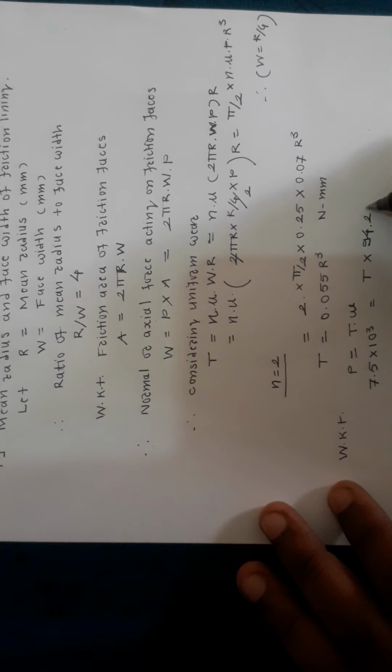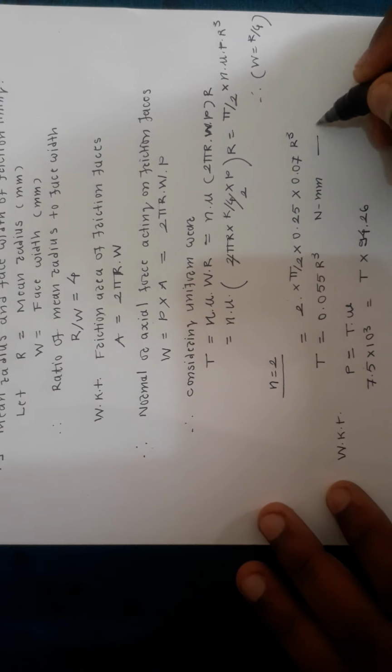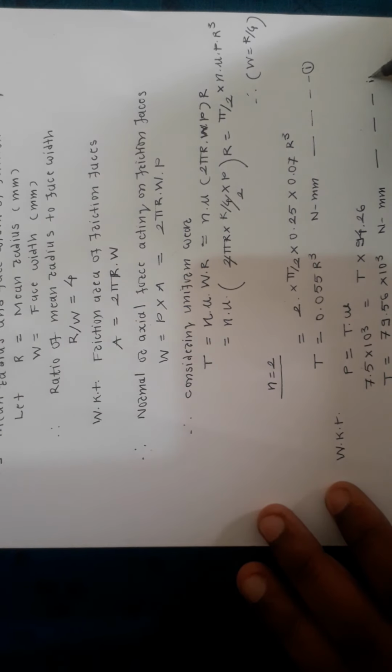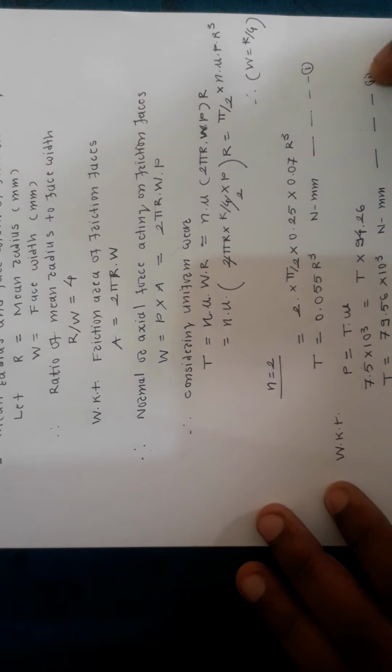So therefore the torque we can calculate, and the angular velocity is 94.26. So let the torque we calculated earlier be 1. What will be the torque we are getting here? So here we are getting another torque, 79.56 into 10 to the power 3, again in terms of Newton millimeter. So we have got the second equation, equation number 2 and equation number 1.